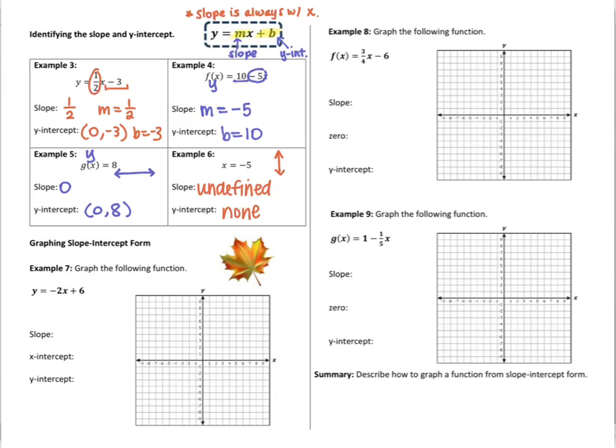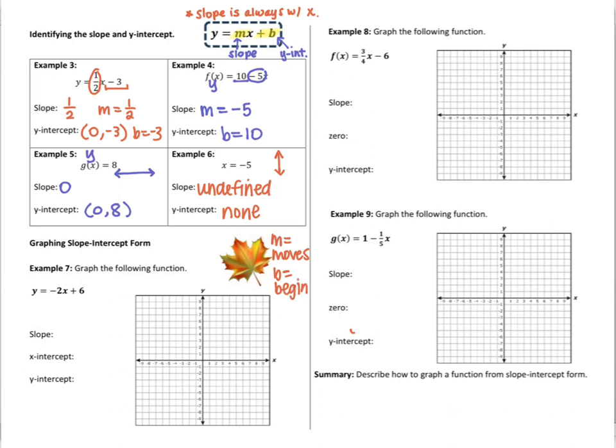Let's take a look at example 7, y equals negative 2x plus 6. To graph, we need the y-intercept and the slope. It might be helpful to write over on the side that our slope moves and our y-intercept, or our b, is where we begin.